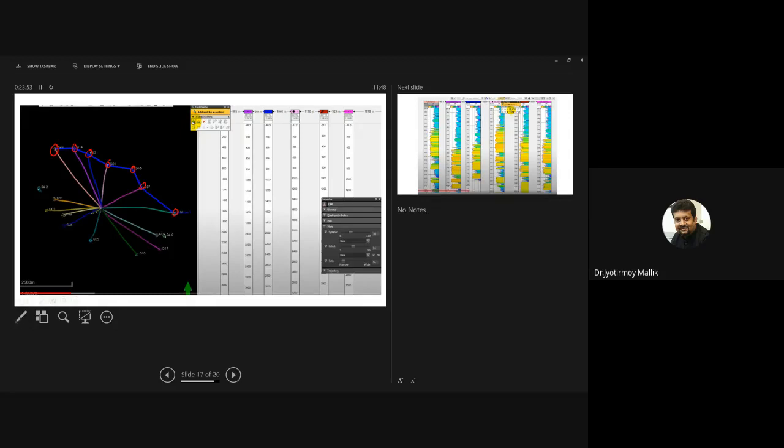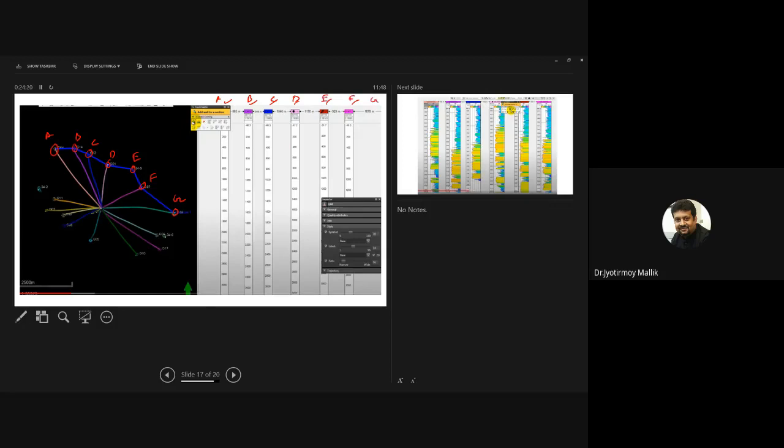So these are wells which are going down. And then I am displaying each of these wells. So this is A, B, C, D, E, F, and G is perhaps here.